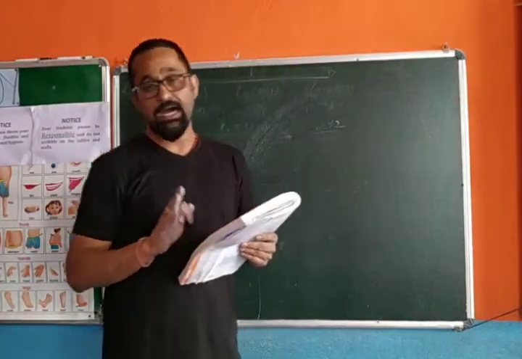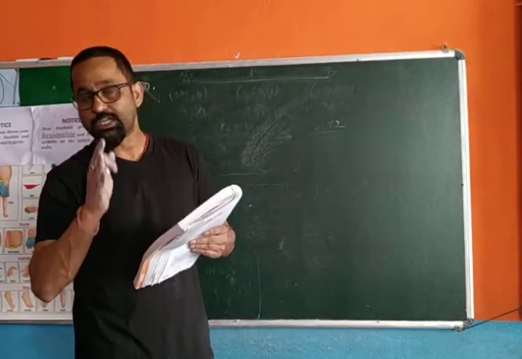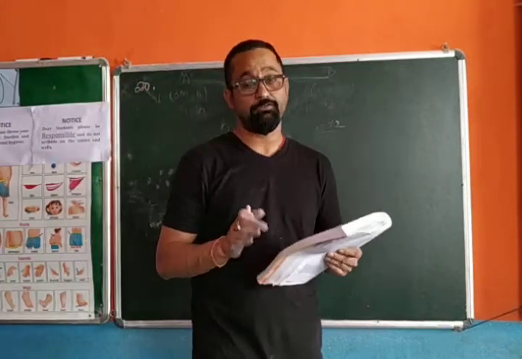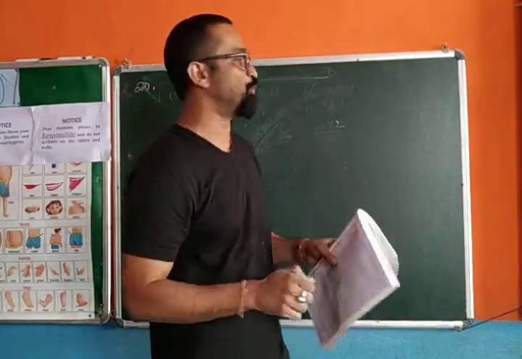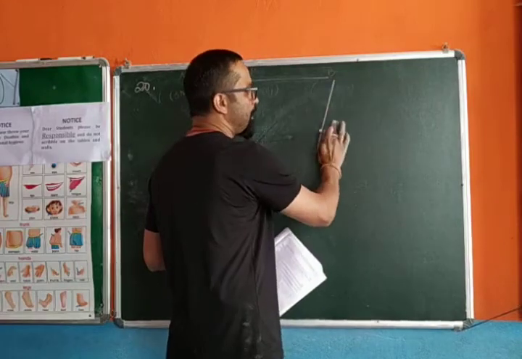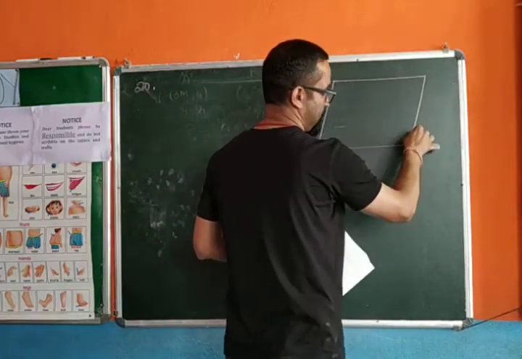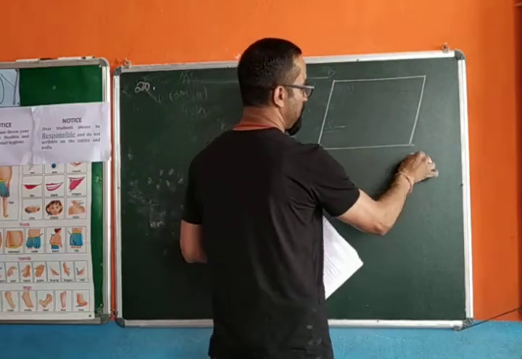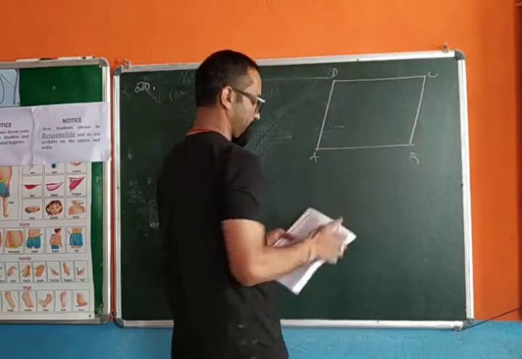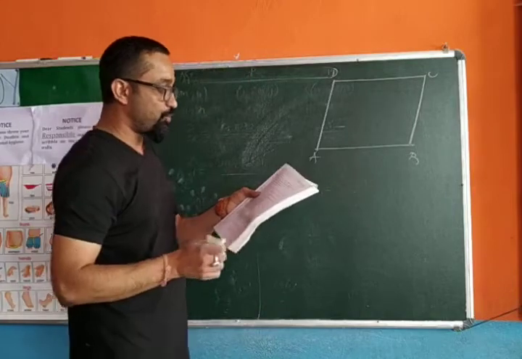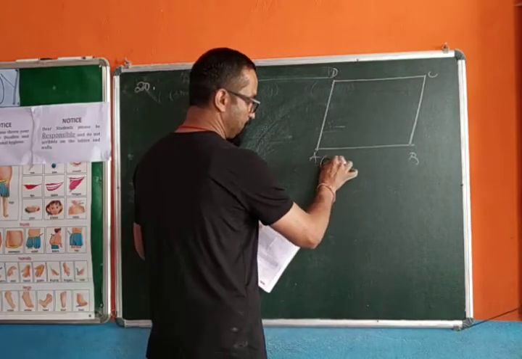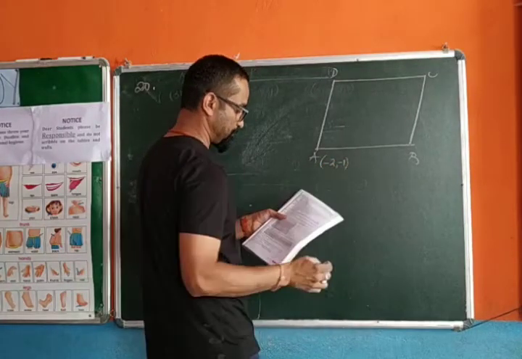A, B, C are vertices of a parallelogram. Find the values of P and Q. Draw a relevant diagram at the side. Write it as A, B, C, D. Write on the coordinates. A has coordinate minus 2 comma minus 1.